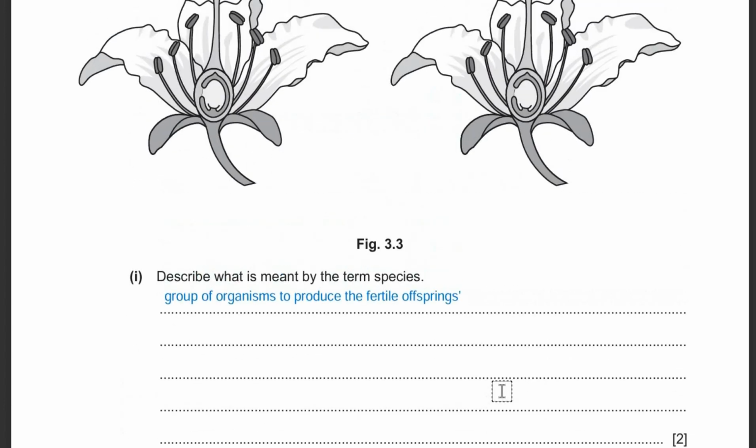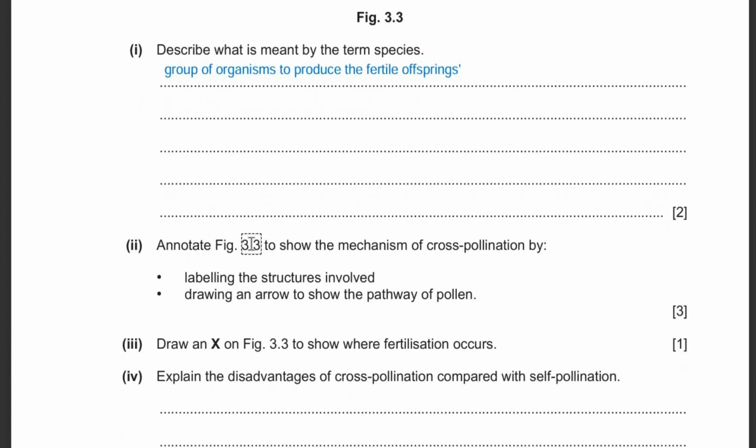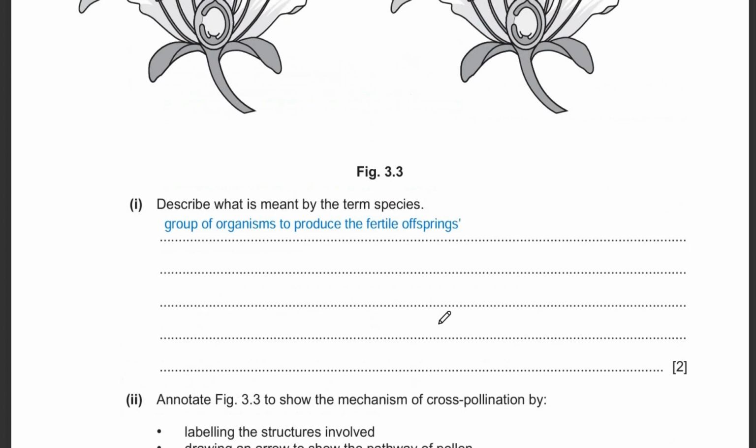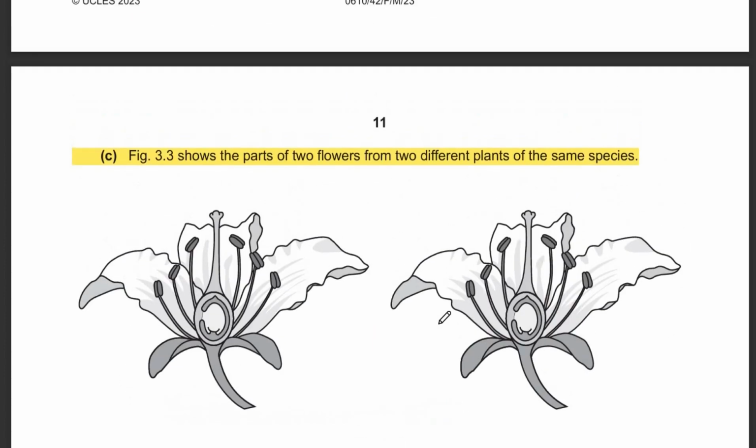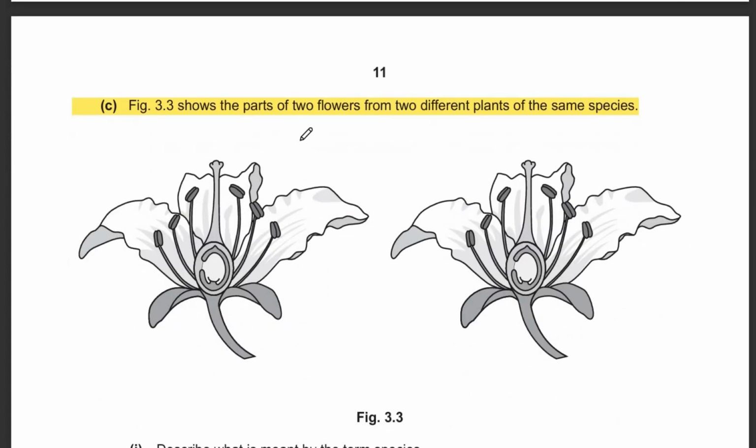Now part C2 says annotate figure 3.3 to show the mechanism of cross-pollination, labeling the structures involved and drawing an arrow to show the path of the pollen. So, cross-pollination occurs from the anthers of one plant, that is this. This is the anther, and then we have the ovary, and we have the stigma.